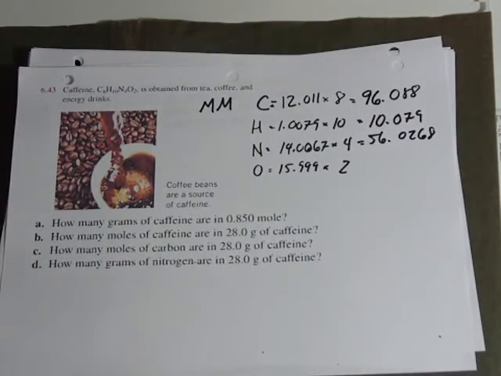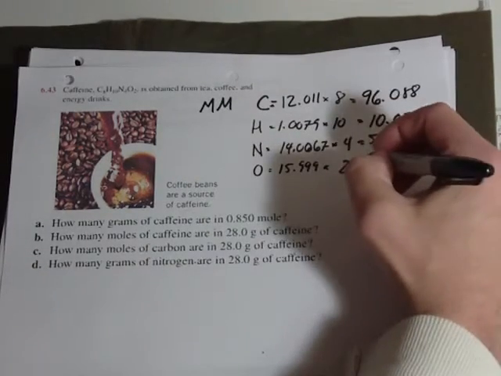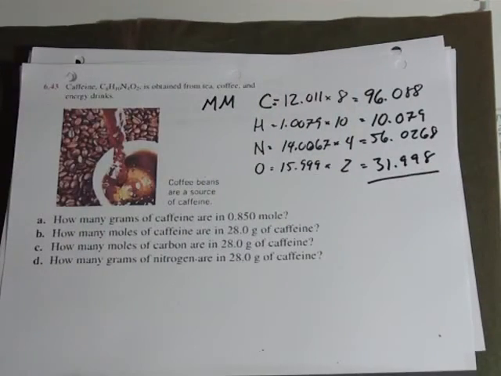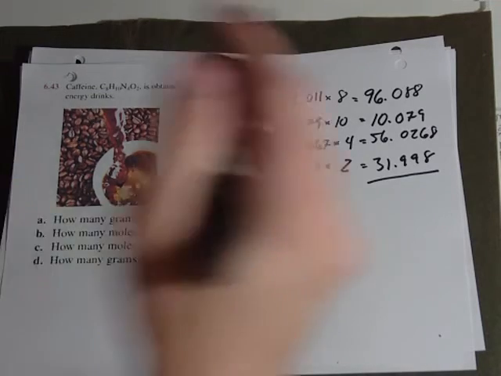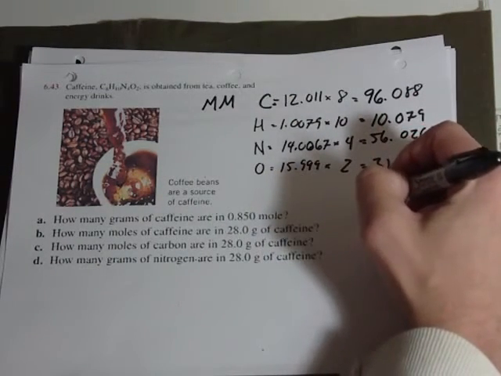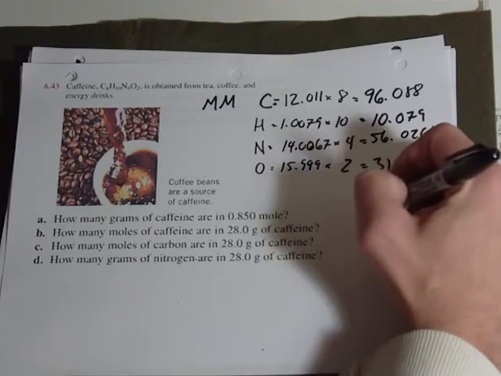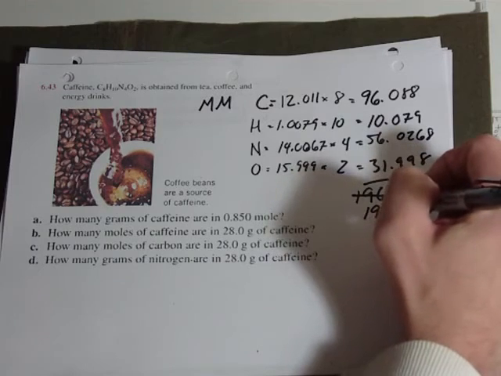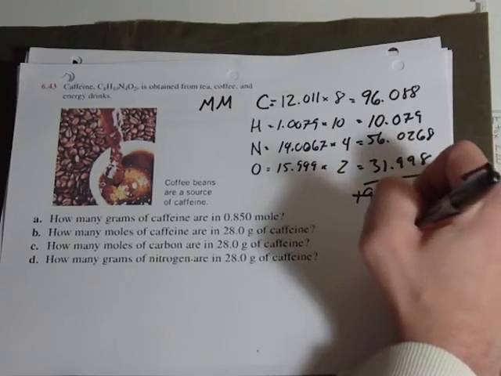And for oxygen, we get 31.998. And so we add all those together, and we get a molar mass of 194.1918 grams per mole.